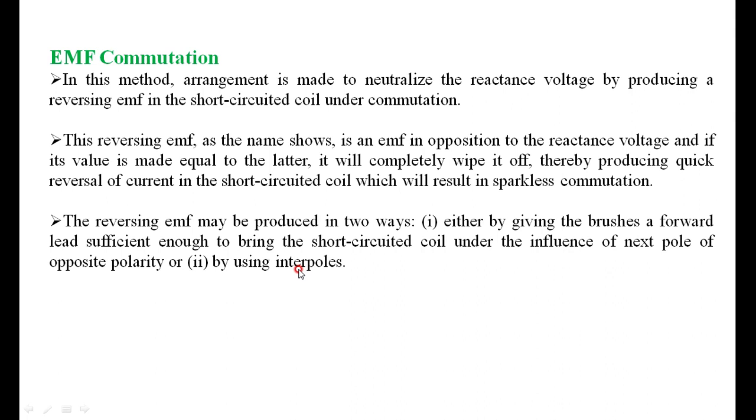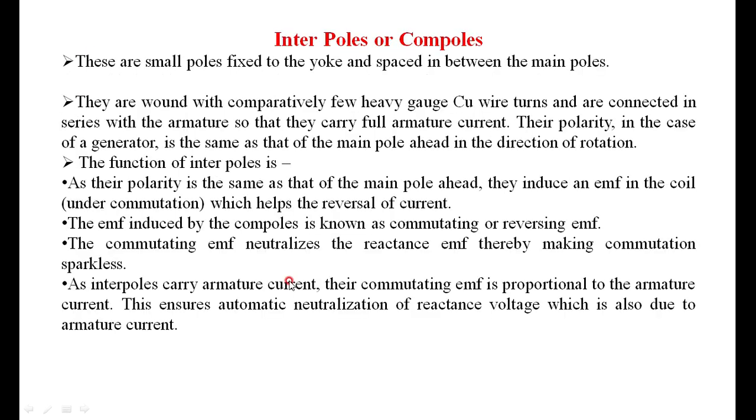That is, they are introducing small poles in between the main poles so that they are nullifying the reactance voltage. That is what we are calling the interpoles, and this is EMF commutation. These are small poles fixed to the yoke and placed in between the main poles. They are wound with comparatively heavy copper wire so that they are connected in series.